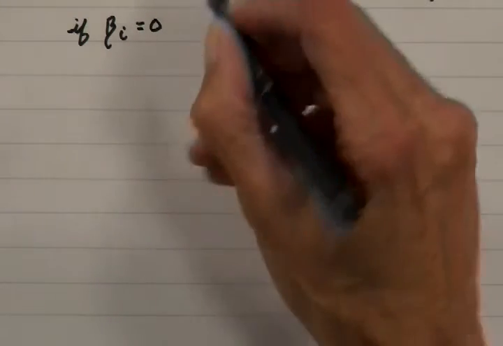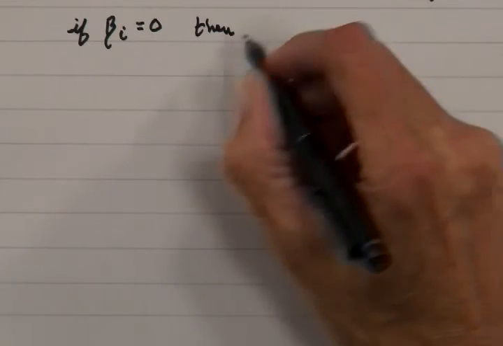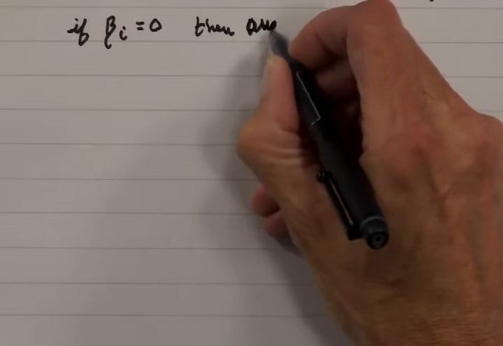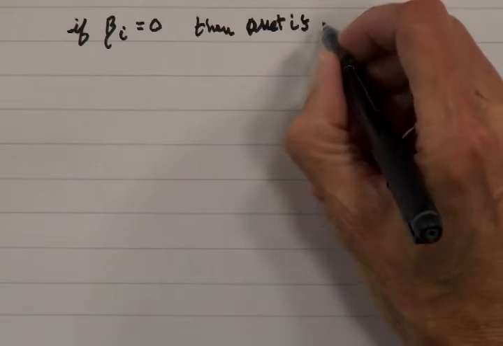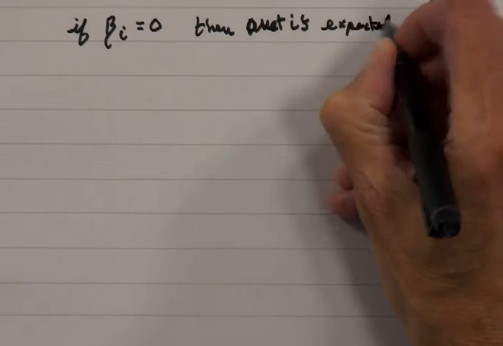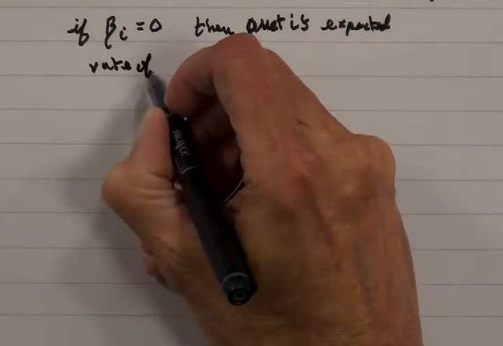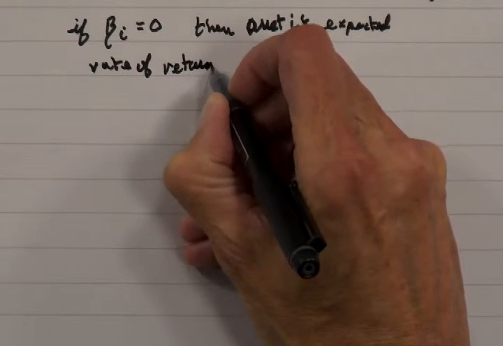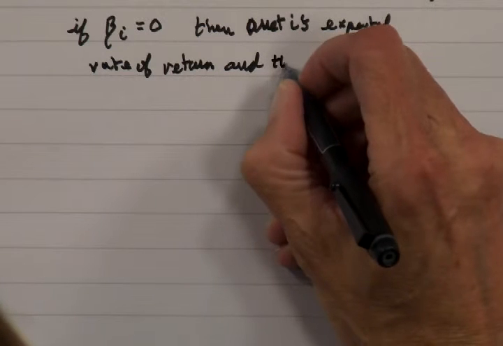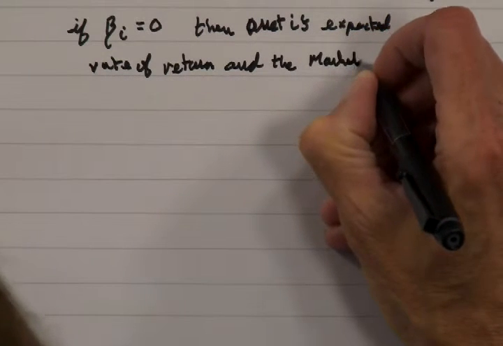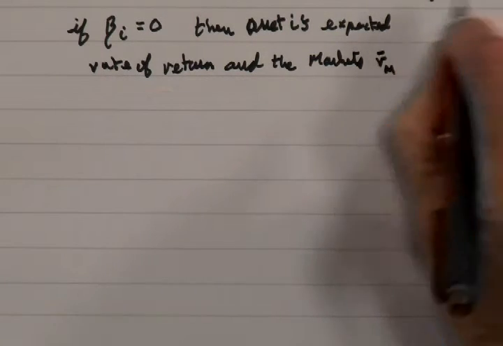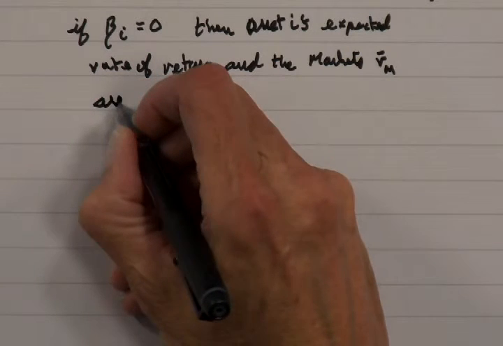If beta I equals 0, then asset I's expected rate of return and the market's, let's say R_M, are not related at all.